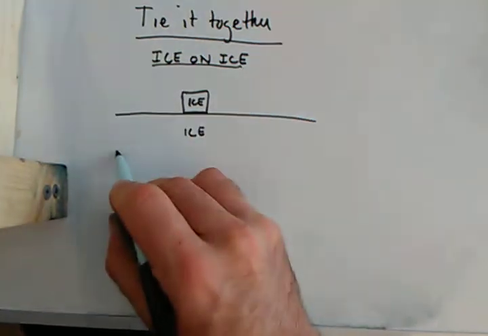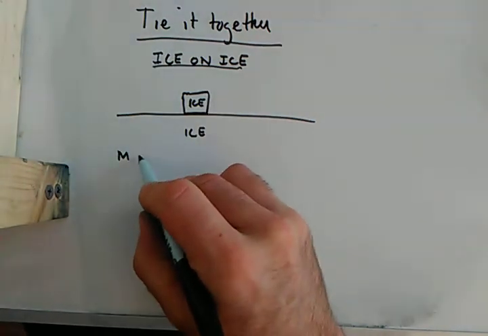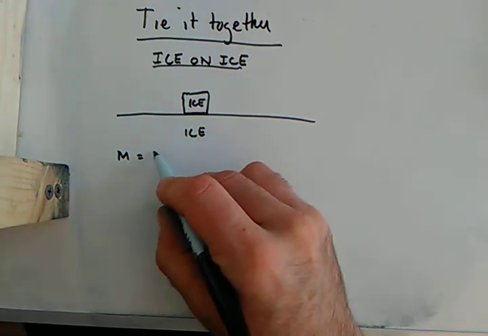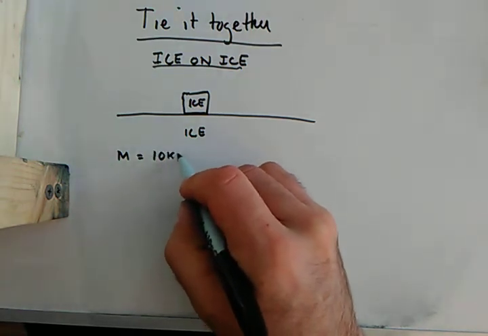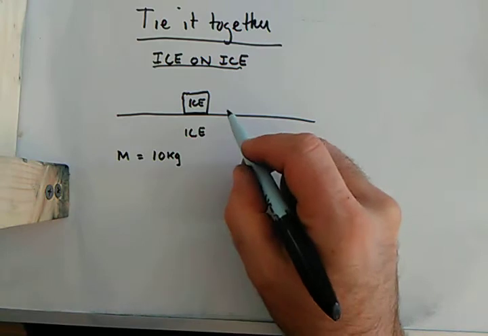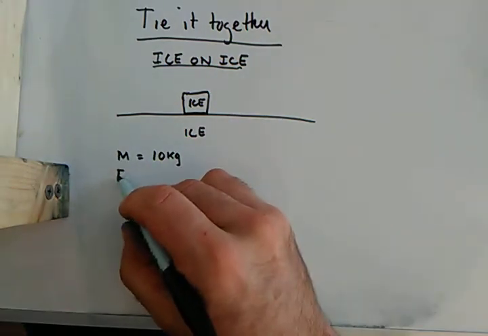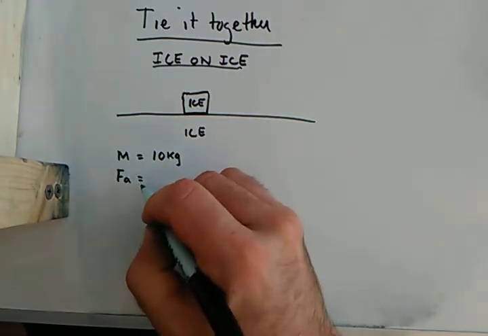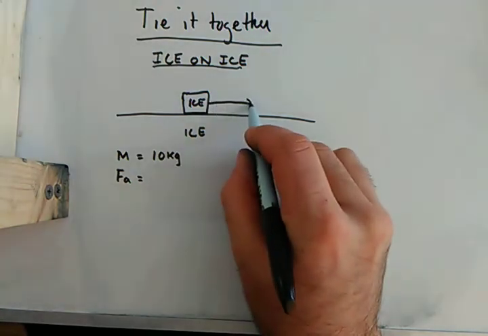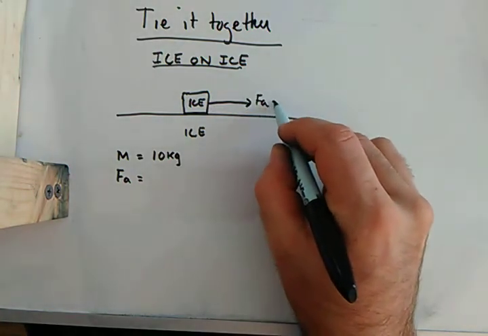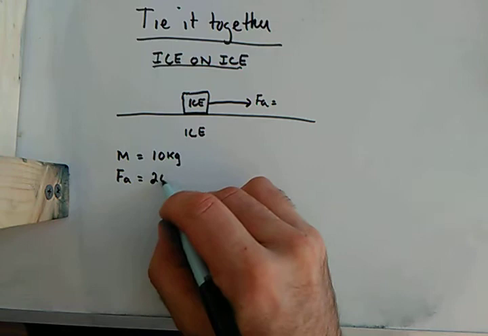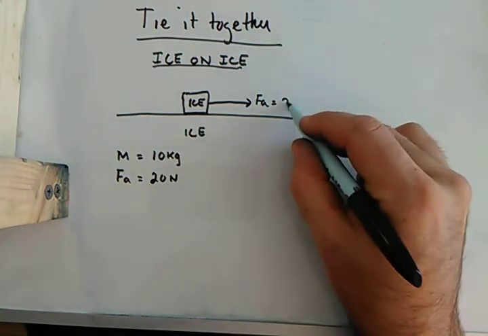First of all, I'm going to say that the mass of the ice is 10 kilograms. I'm also going to say that I'm going to apply a force of 20 newtons.